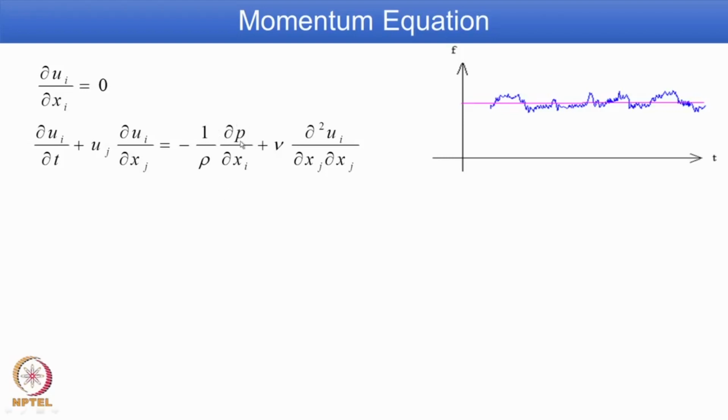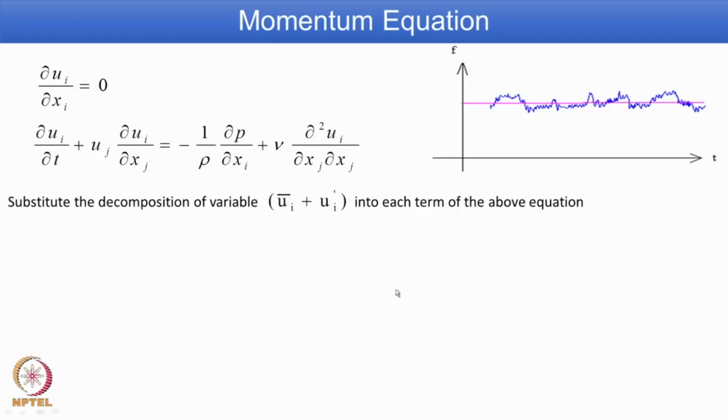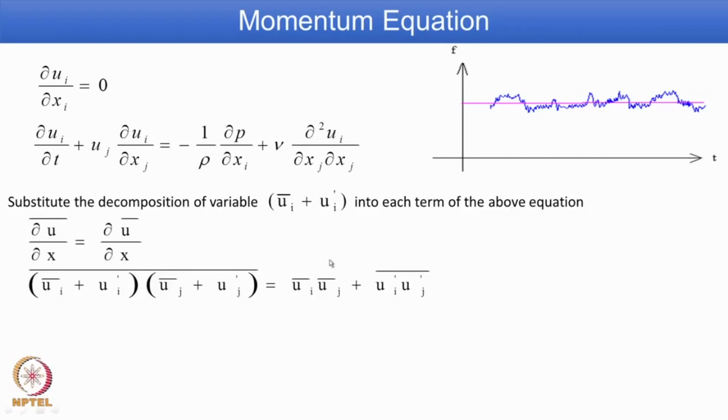Then one more variable is pressure p. So, if you interpret all these 4 variables in turbulent flow as instantaneous quantities, then you apply decomposition to each one of these quantities. We know the decomposition, for example, instantaneous ui is decomposed into the summation of mean and deviation. So, if you substitute, then we get the final Navier-Stokes equation to be used for turbulent flows.